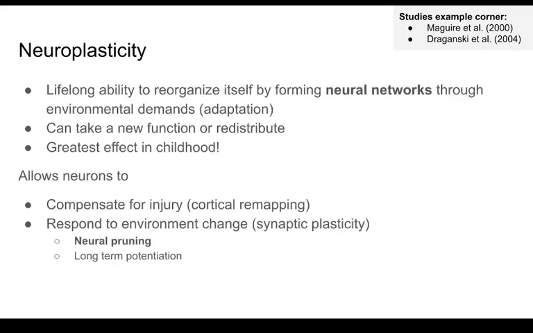Okay, next we have neuroplasticity, which is the lifelong ability to reorganize your own brain system by forming neural connections through environmental events. So by adapting your brain, it can allow your brain to take on a new function or redistribute the neurons that you have in your brain.